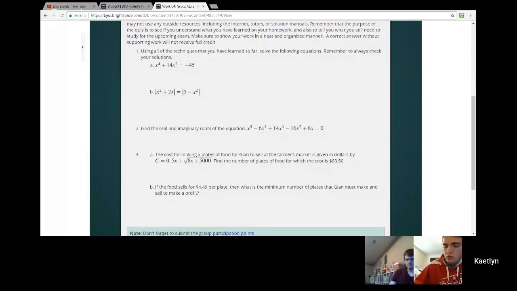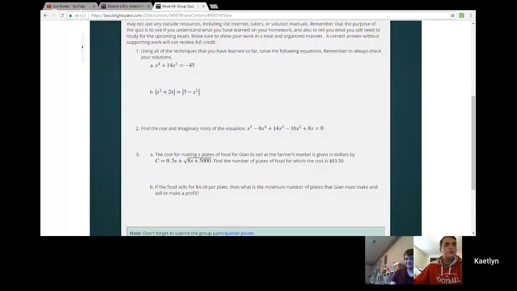And we can't take an x out because 45 doesn't have an x. So that means synthetic division. Yeah, if you want, you can do that. This one, I believe, is pretty easy to factor, though.